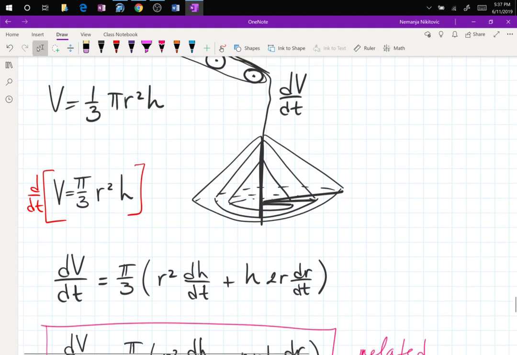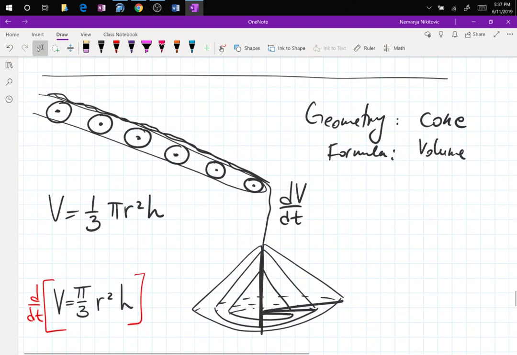It's the procedure for each one of these problems, right? The first step was to identify all of the numbers that are given. And then step number two, geometry and formula. And then in step number three, we took the implicit derivative.